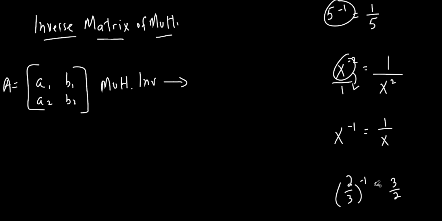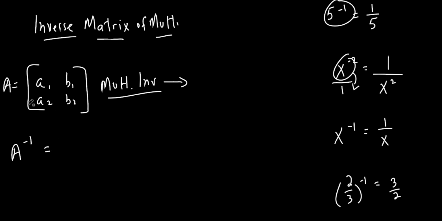So when I write something to the negative first power, it means to take the reciprocal or multiplicative inverse, right? Just using those words kind of interchangeably. So the multiplicative inverse, if this is a, what do I want to find? I want to find a to the negative first. And that's the way you're going to see it. You're going to see find a to the negative first.